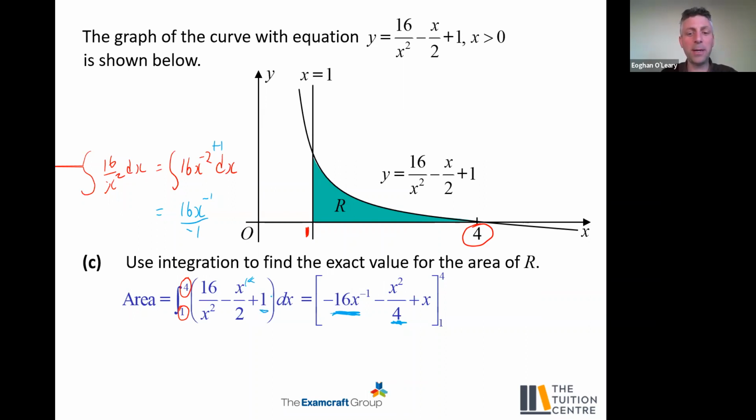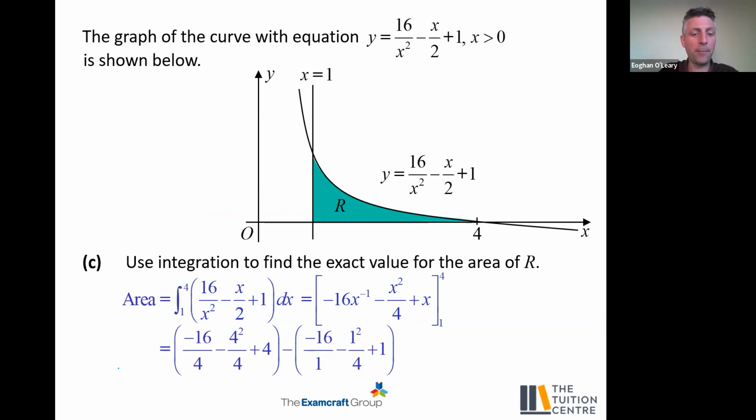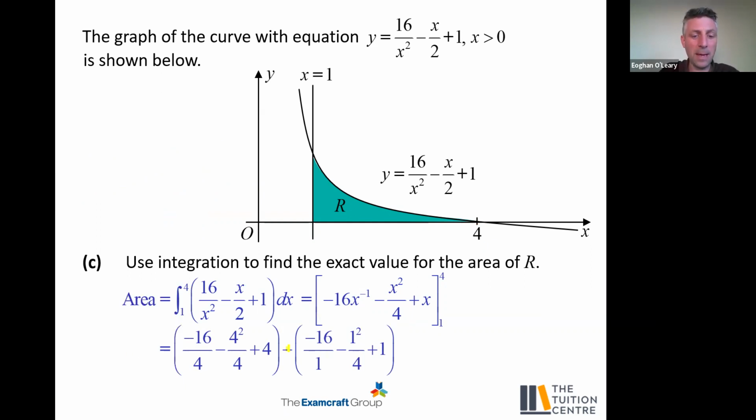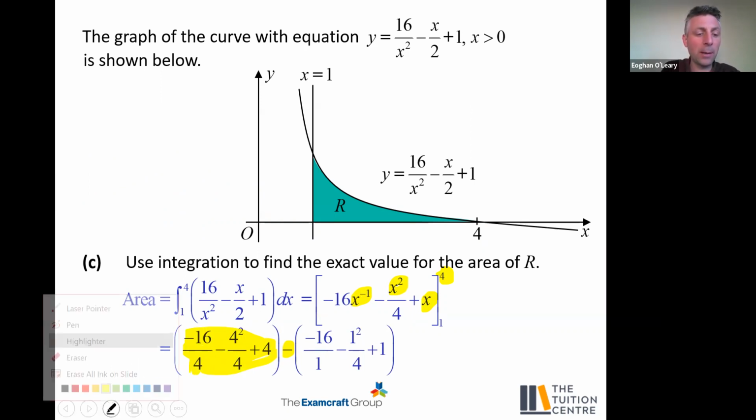I must apply my limits 4 and 1. So I put in my 4 for x as my upper limit. I'm going to be subbing 4 in first, in for x. And I'm going to then get my answer here for that limit of 4. I'm then going to do the same thing for 1.